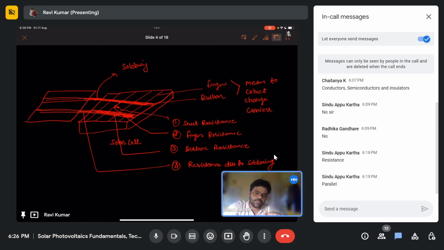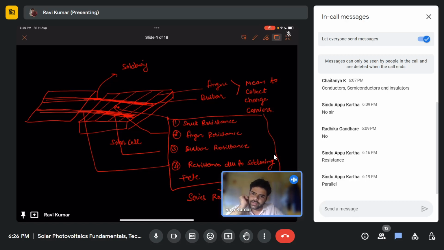Just think from where an electron starts its journey and what path it follows. Along the path, all the points at which the electron experiences some kind of resistance will be the sources of series resistance. So all these four, even more, plus anything else, will contribute towards this series resistance.